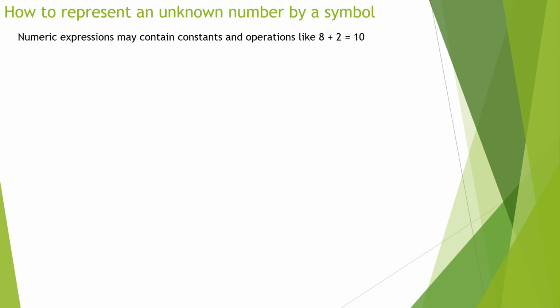So our first topic is how to represent an unknown number by a symbol. In numeric expressions, generally we don't use any symbol; we use only numbers. Our example is 8 plus 2 equal to 10.